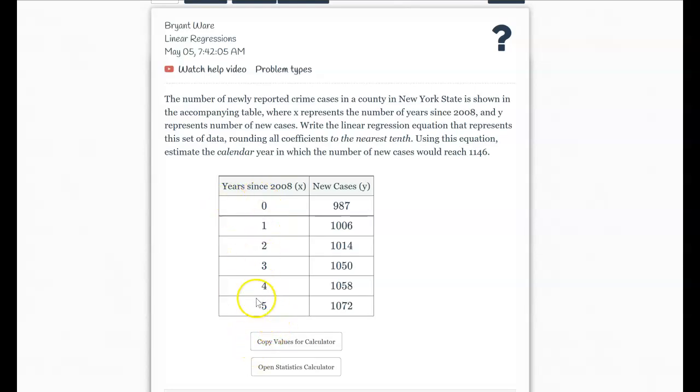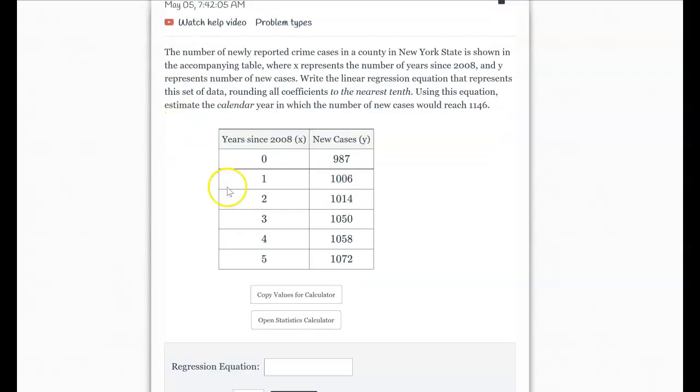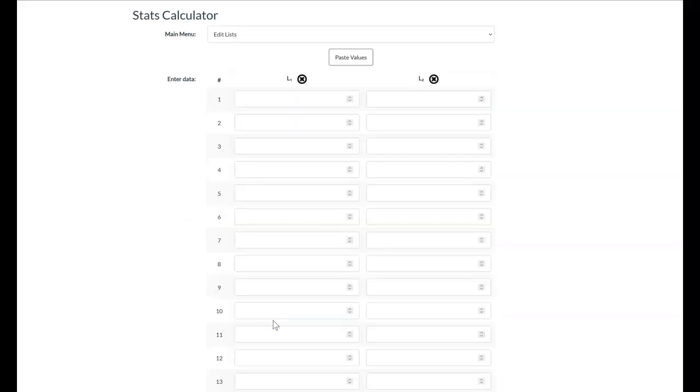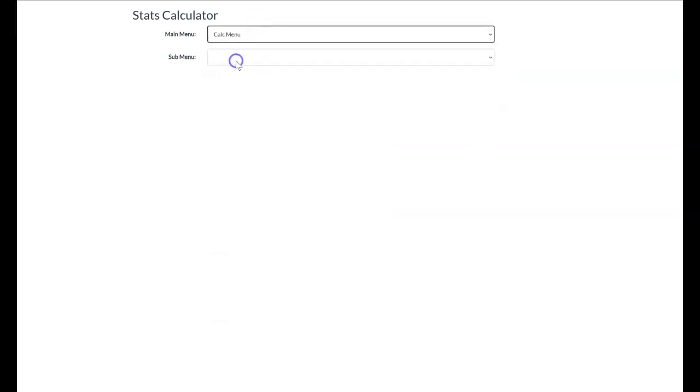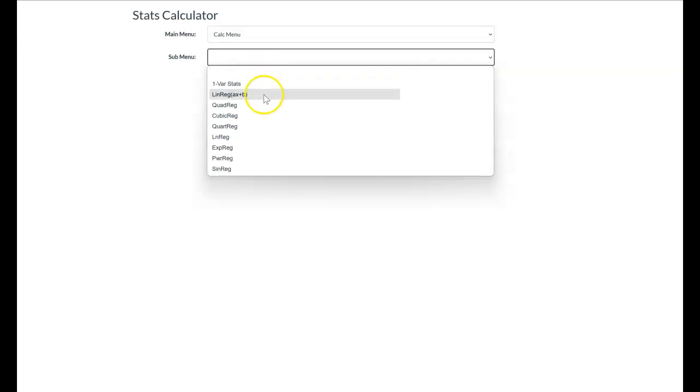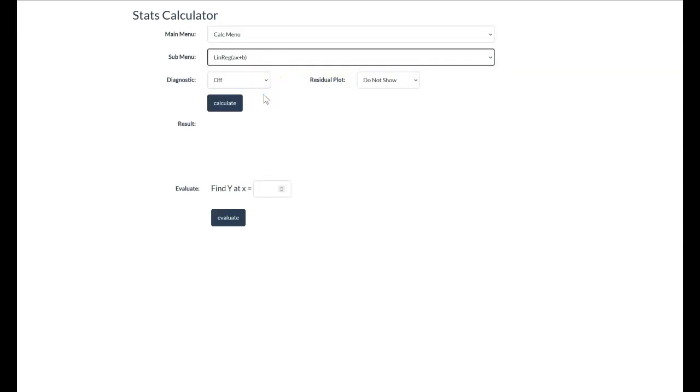Okay, so we're going to go through the same process. We're going to go down here, hit copy values for the calculator, and open statistics calculator. We're going to hit paste values. We're going to go to Calc menu and go to linear regression.